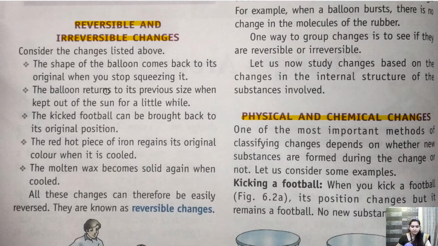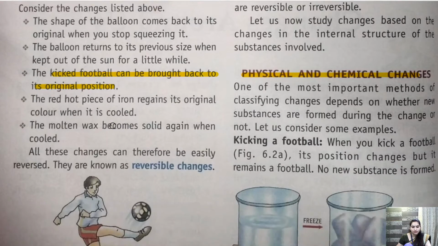This we have seen. The balloon returns to its previous size when kept out of the sun for a little while. Okay, when you keep the balloon outside in the sun, it will again regain its shape. The kicked football can be brought back to its original position. I have told you. So this is a reversible change.